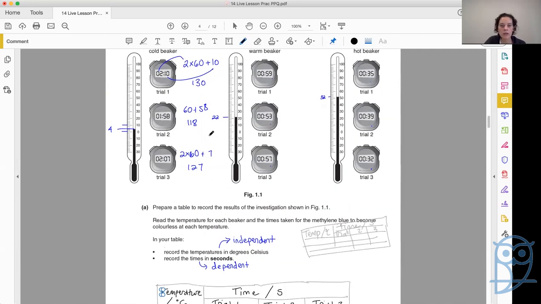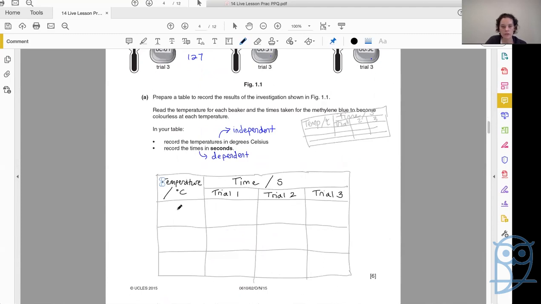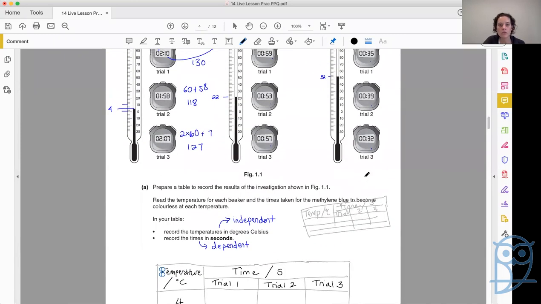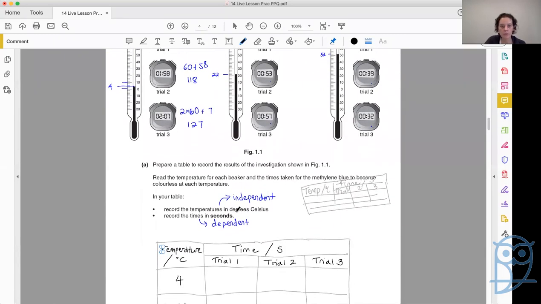Our thermometers went 4, 22, 52. So 4, 22, 52. And we do not put any units in our table. Remember, units only in the top, in the headings. So at 4 degrees C, we went 130, 118, 127, because it's all in seconds.